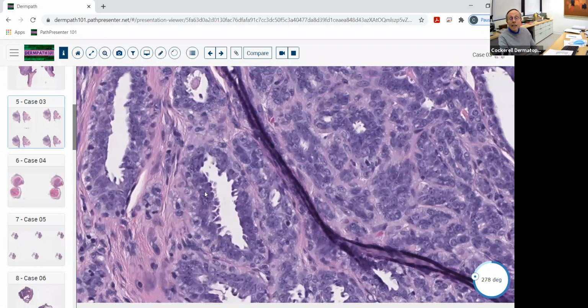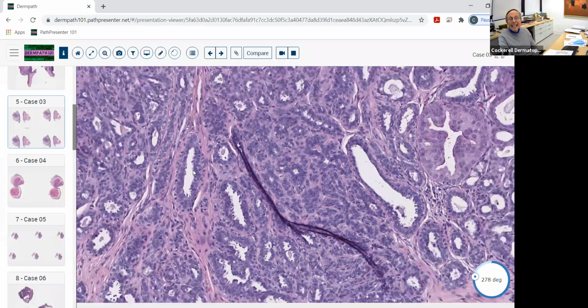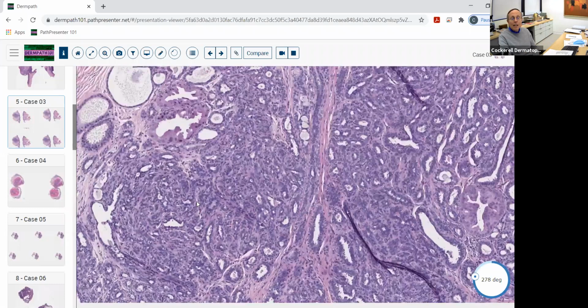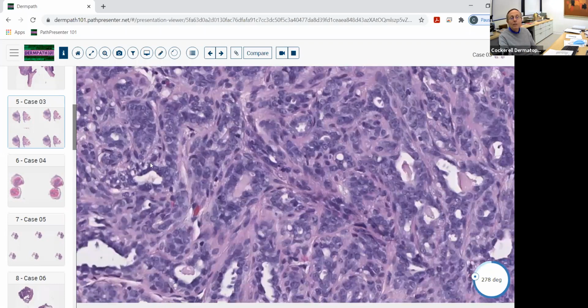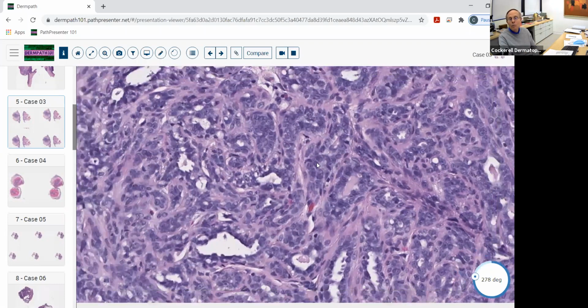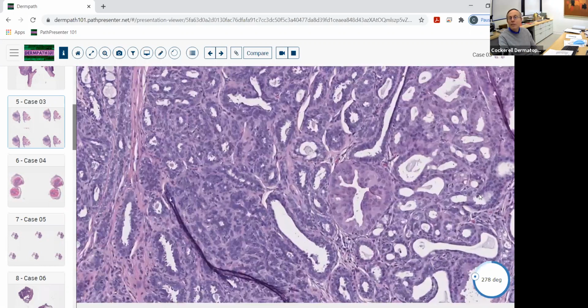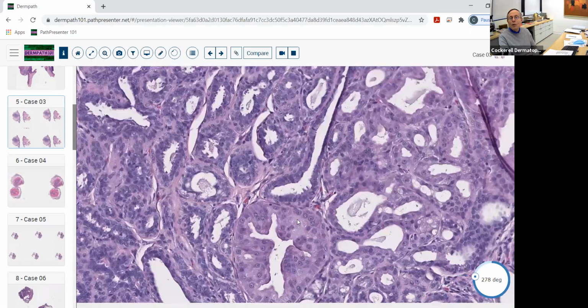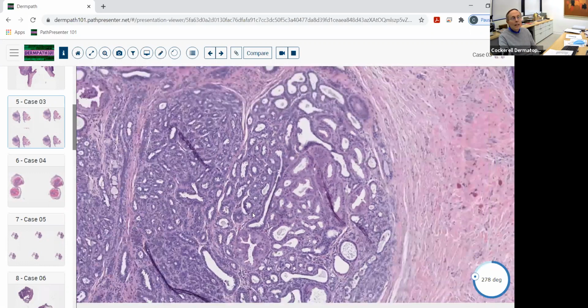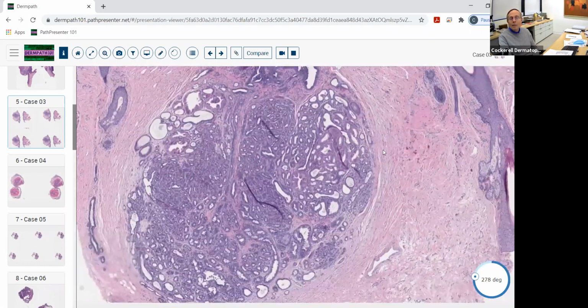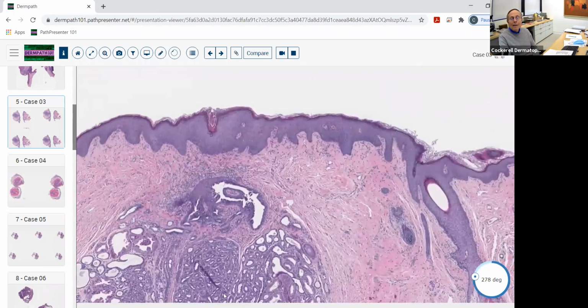So again, you see the nice apocrine decapitation secretion here. So this is hidradenoma papilliferum. And these commonly do have aggregations of plasma cells within the area. I don't really see as many in this example, but that's helpful if you see that. So hidradenoma papilliferum: think of it as a benign adnexal neoplasm with apocrine differentiation.